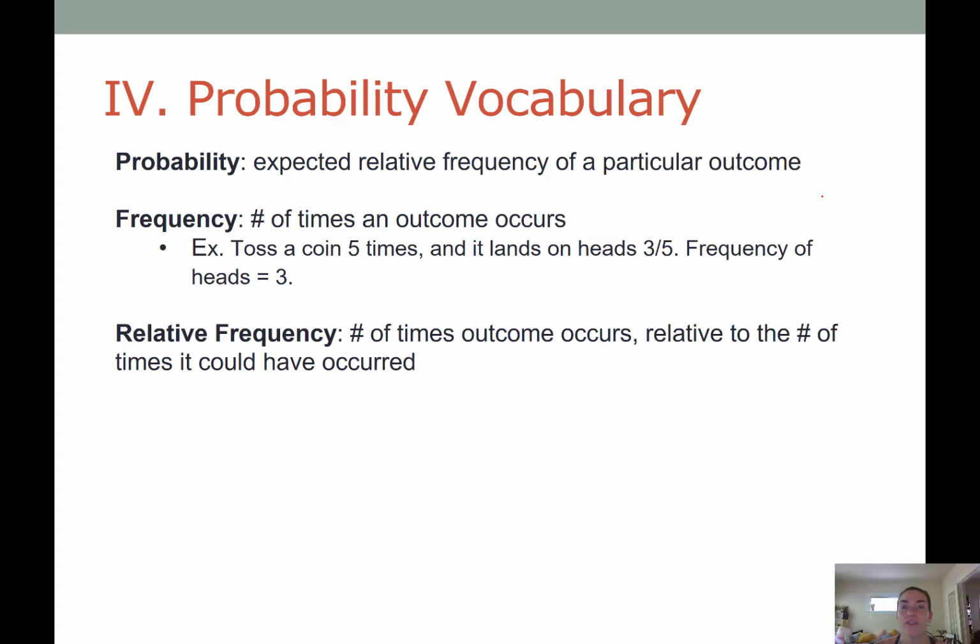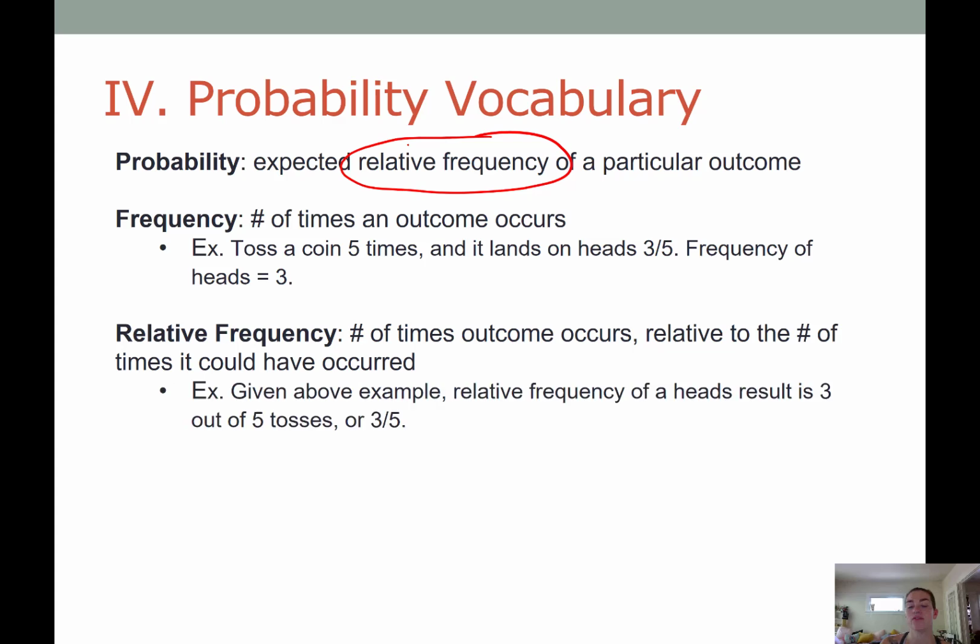Now some more vocabulary. Relative frequency, which you see come up in the definition of probability, is the number of times the event occurs relative to the number of times it could have possibly occurred.